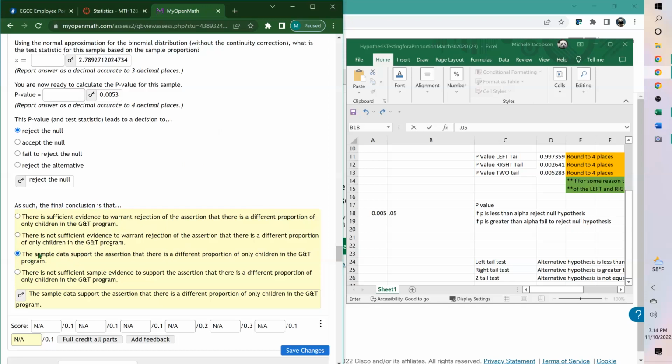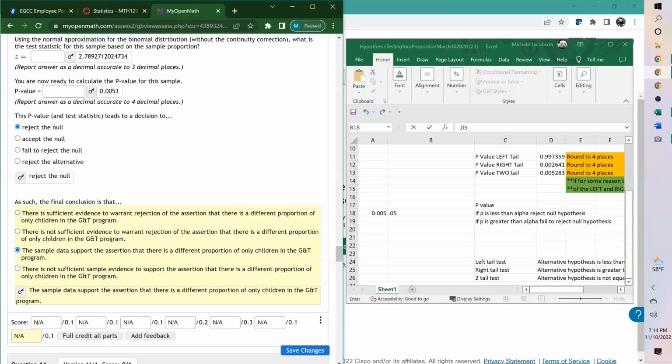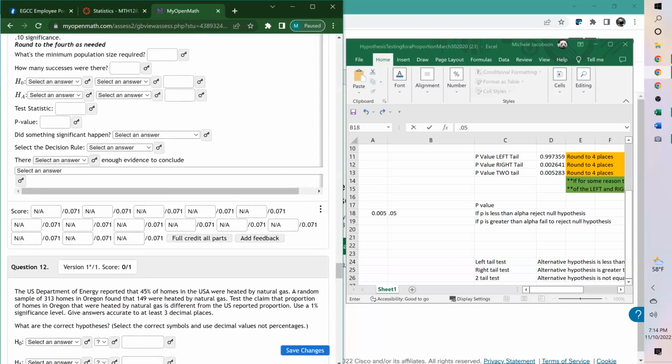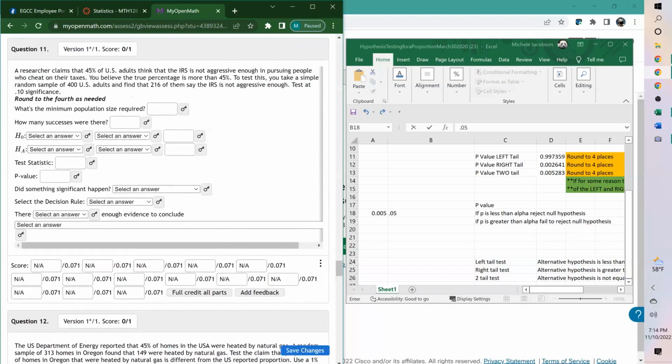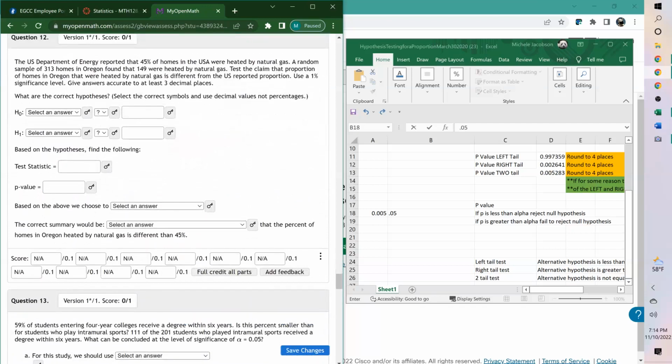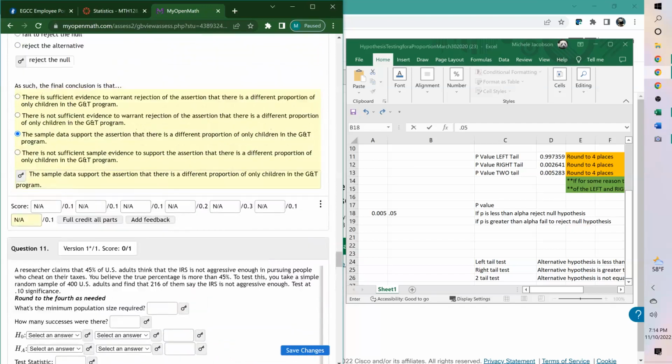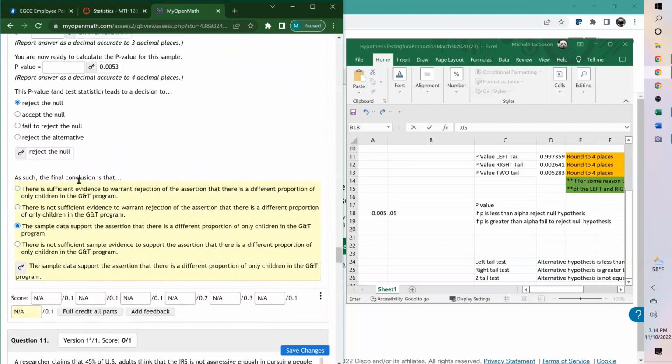But they're saying to use just the sample data supports it. Let's see what the next one does. Oh, it doesn't ask it. So I thought I had it. I just selected there is sufficient evidence to warrant rejection, and that was incorrect.